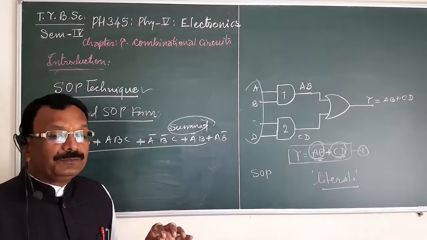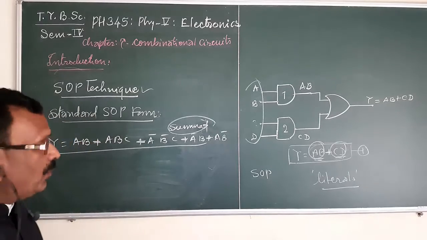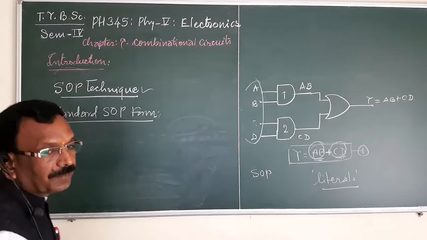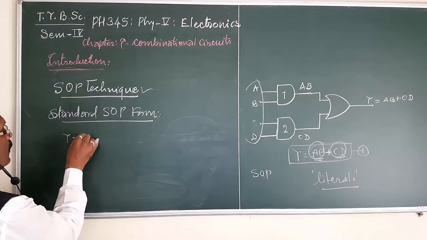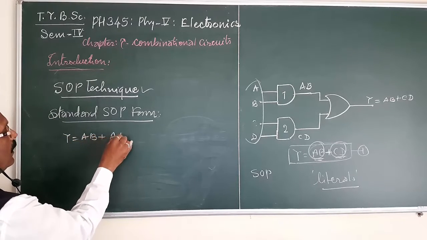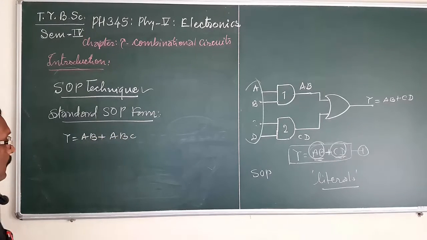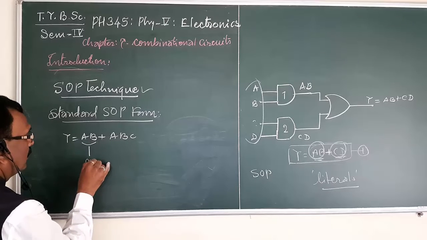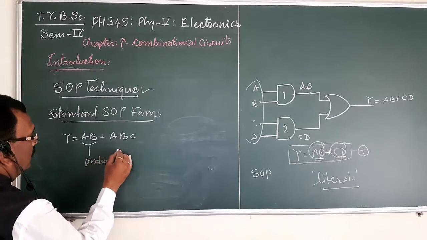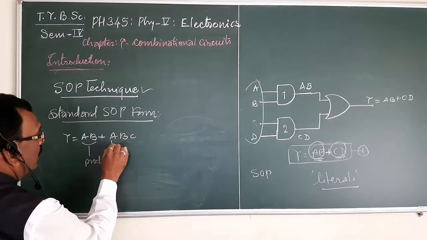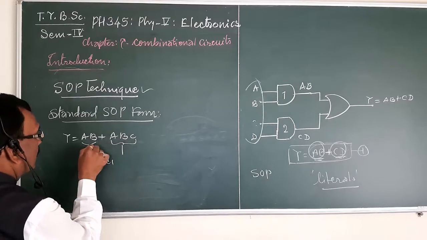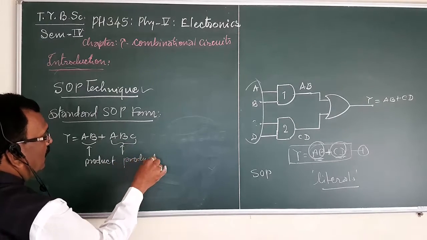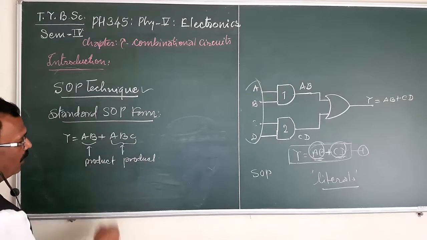Now for simplicity we consider a simple SOP, that is Y is equal to AB plus ABC. See here, this is the product of AB and this is the product of ABC.